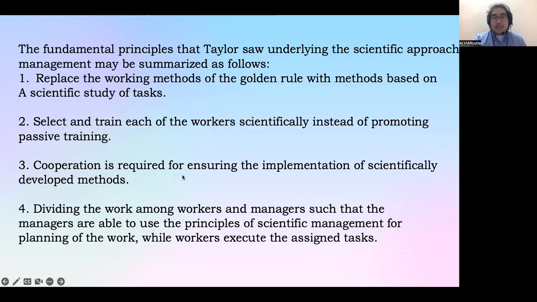Cooperation is required for ensuring the implementation of scientifically developed methods, dividing the work among workers and managers such that the managers are able to use the principles of scientific management for planning of the work while workers execute the assigned tasks. So if napapansin nyo, Taylor is very scientific, kada galaw may science siyang nalalaman.